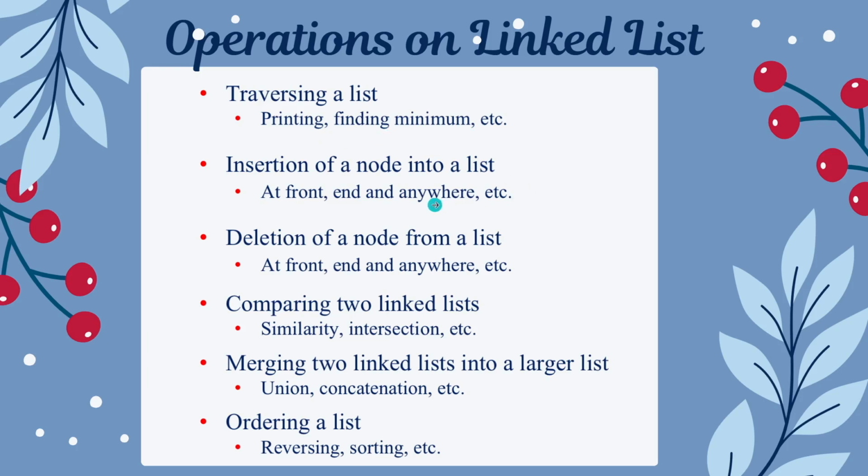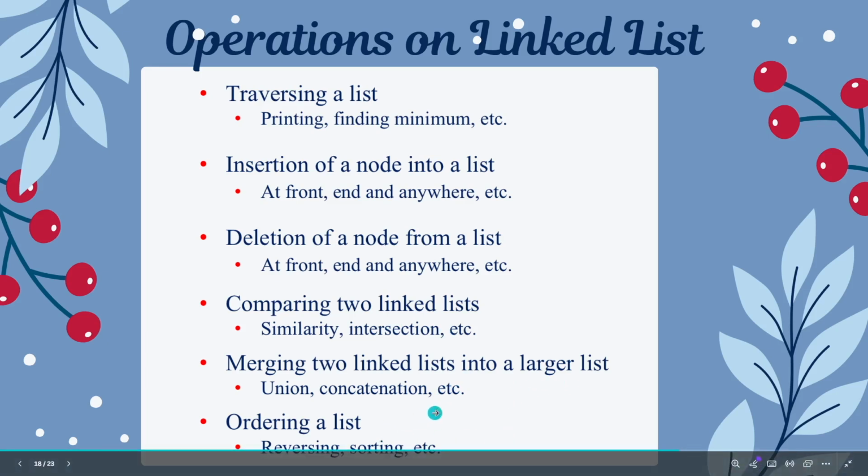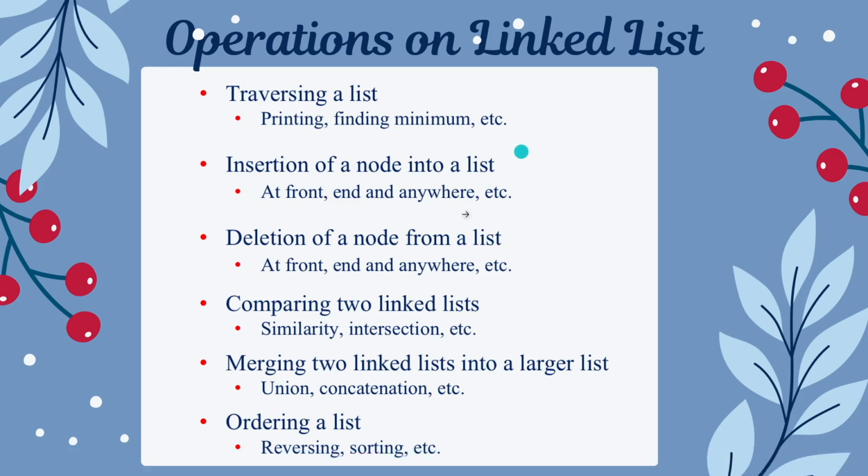Just as we studied for arrays, we can do insertion on a list at all the positions: front, middle and end. Likewise we can do deletion at all three positions, and we can compare two linked lists. We can even merge two linked lists into one large list, and we can do search and sorting operations on a linked list. All these operations together with this data structure make up the linked list ADT.